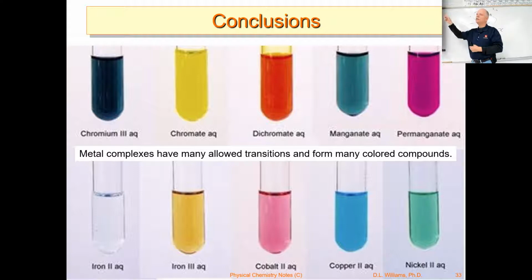And what's given us these colors is playing with that HOMO-LUMO gap. You put a different ligand in there, you change that box length just a tiny little bit, and you get a shift in the spectrum, and you get a different color. This was discovered early on, that these metal-rich ores were good for dyes. And so the very first pigments in paints and so on were inorganic pigments.